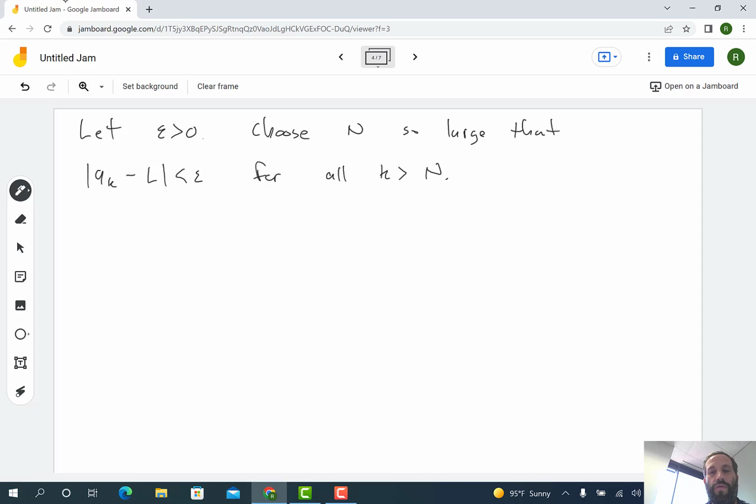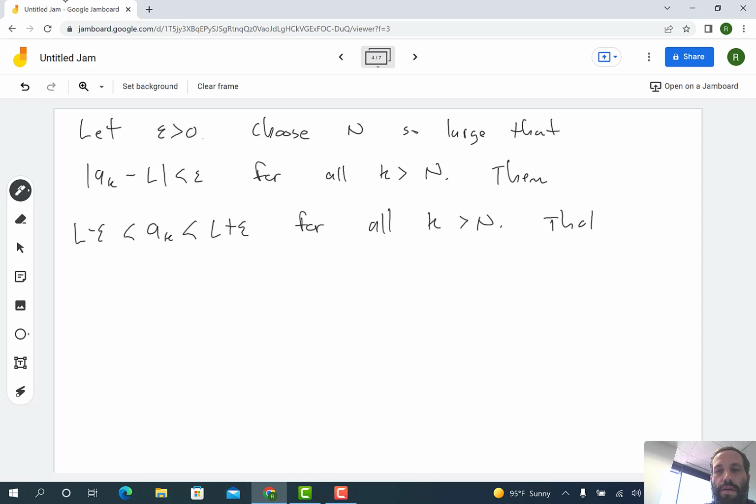Okay, this is true for all k greater than N. Then L minus epsilon is less than a_k is less than L plus epsilon for all k greater than N. That is, L plus epsilon is an upper bound and L minus epsilon is a lower bound for the set.